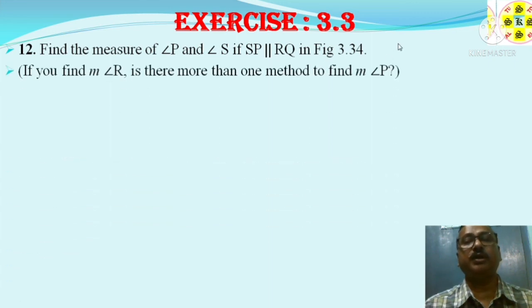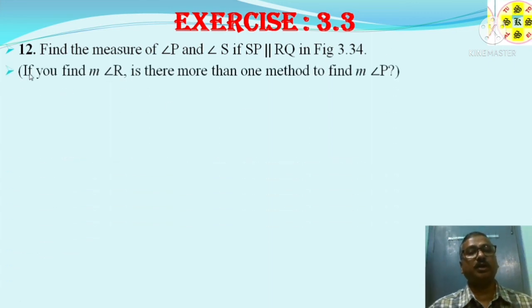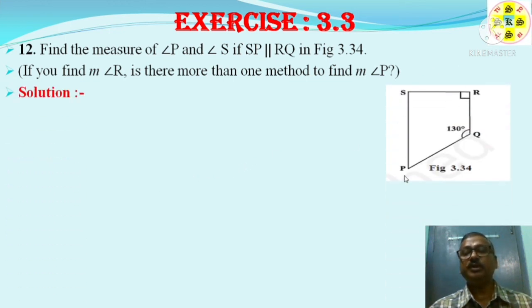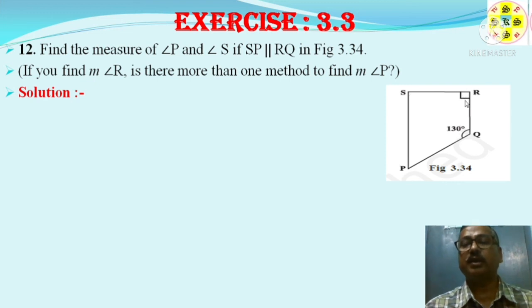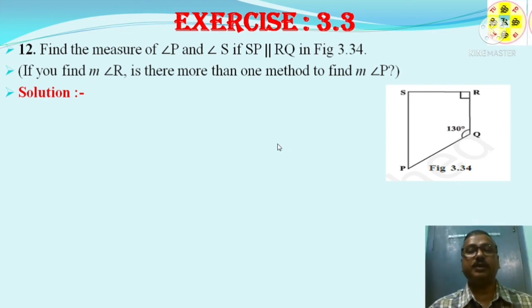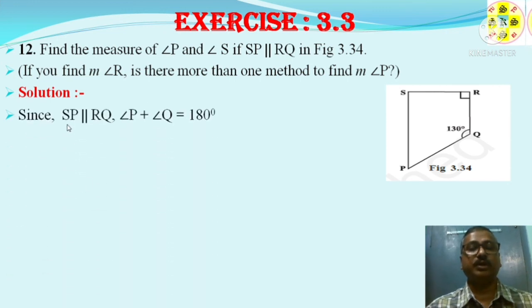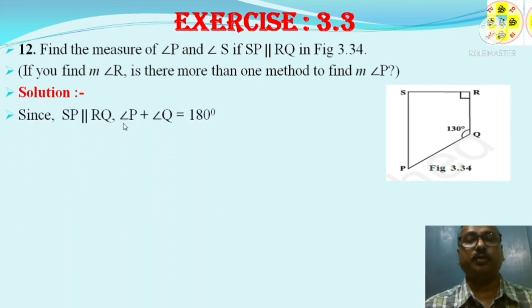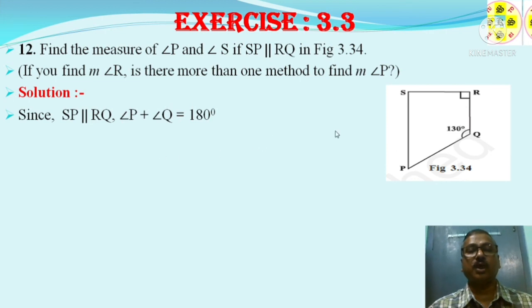In this figure we find P. Another part is also there: if you find the measure of angle R, is there more than one method to find P? Yes, there are methods, so let us discuss. This is the figure PQRS. This angle is given as 130 degrees and this indicates 90 degrees.